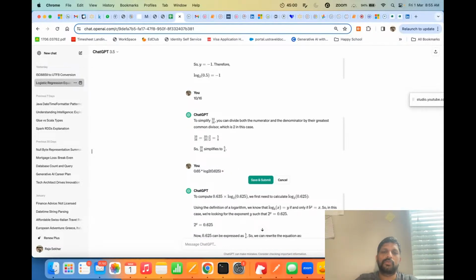10 by 16 is what we did here, and now we can do 6 by 16 because the remaining are 6 by 16. The other way, it is 1 minus 0.625, which is 0.375. So 0.375 into log base 2 of 0.375.